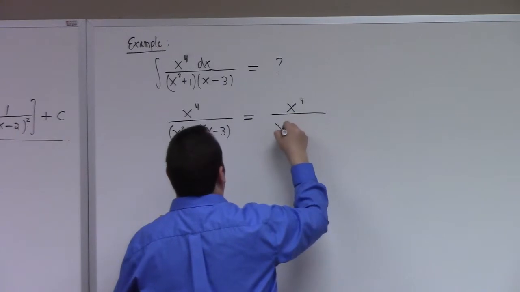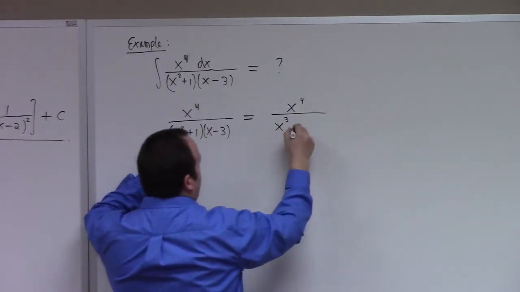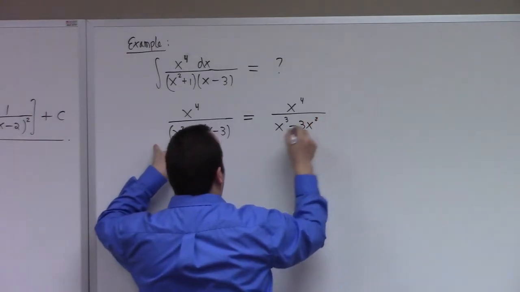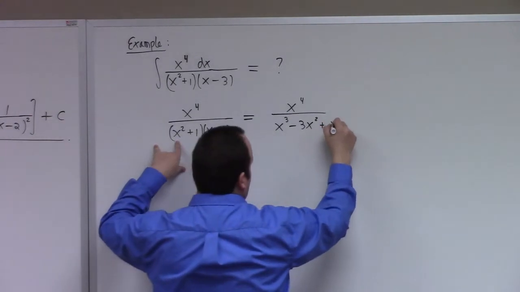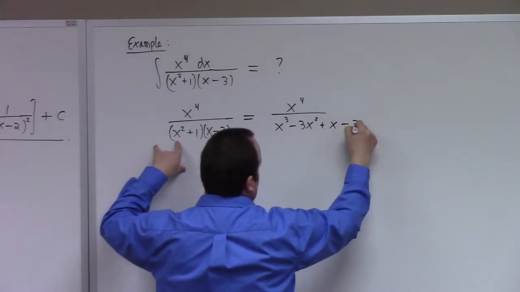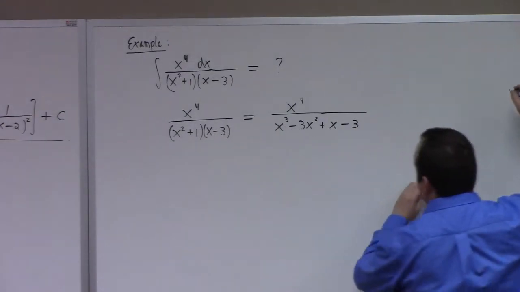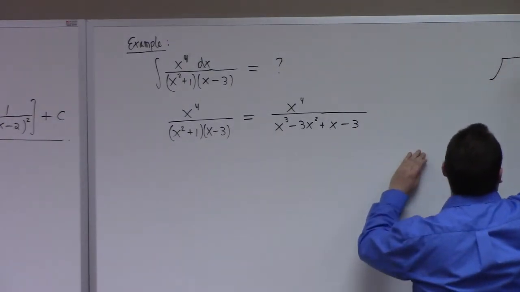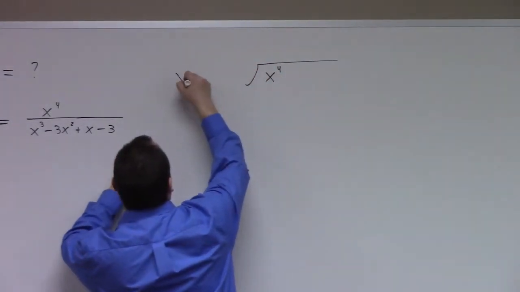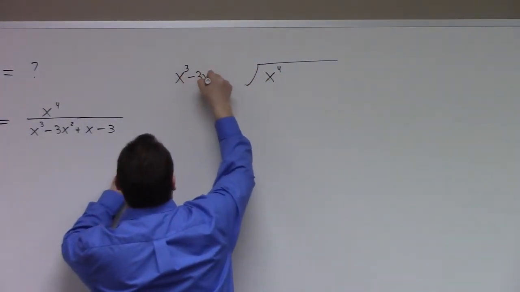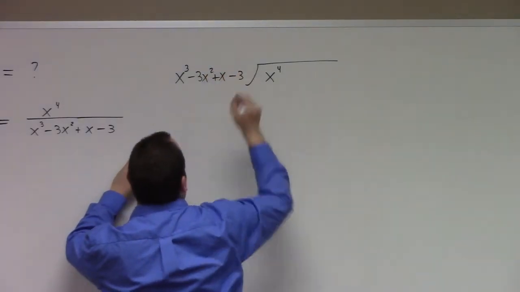So this is x cubed minus 3x squared plus x minus 3.